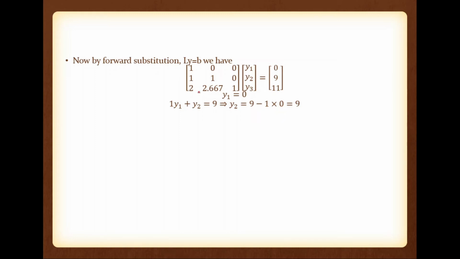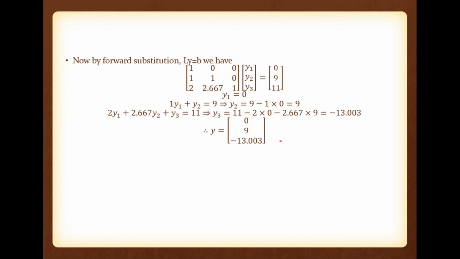Now by using the third row, we are going to find y3. So 2y1 plus 2.667 y2 plus y3 is equal to 11. So y3 is equal to 11 minus 2 into 0, this is y1, minus 2.667 into y2, that is 9. So that is equal to minus 13.003. So this is y. Y is equal to 0 9 minus 13.003.